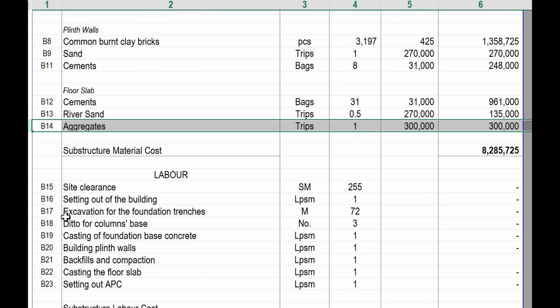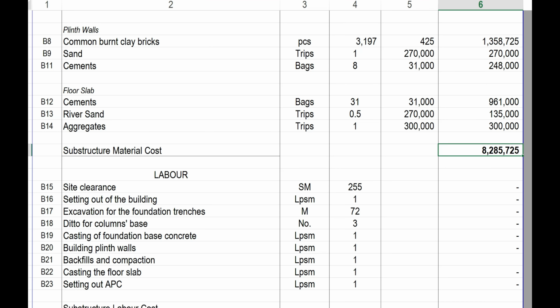When you come to the total cost of the foundation, it might cost you around 8,285,725 Ugandan shillings. But remember, this is not exact, it can either go up or go down.